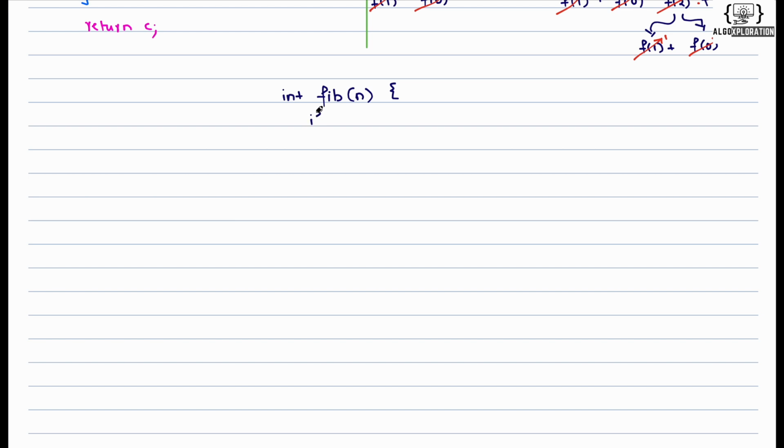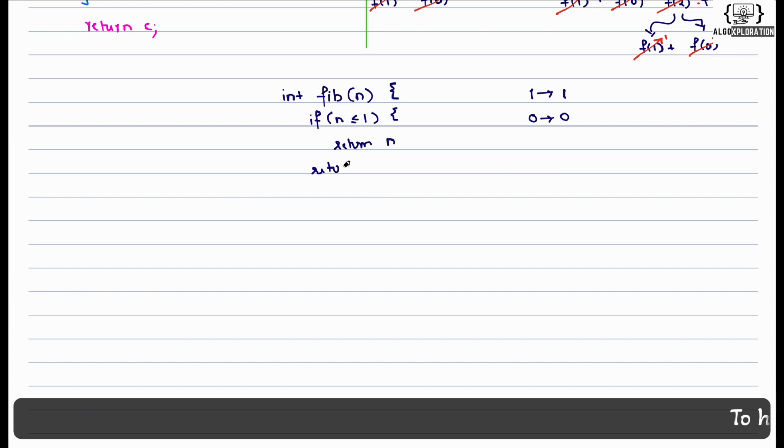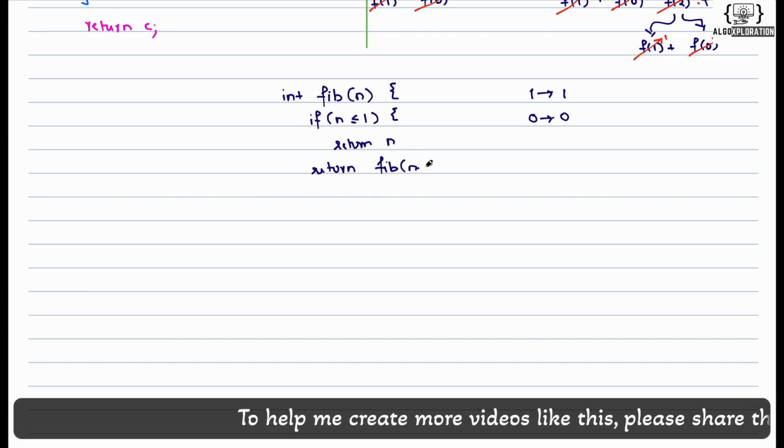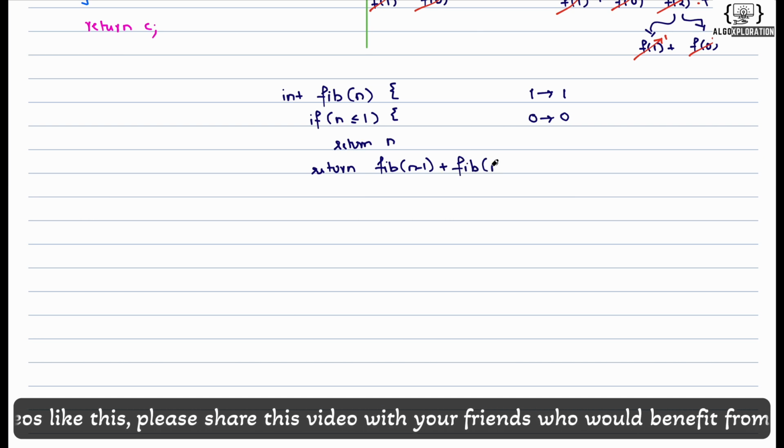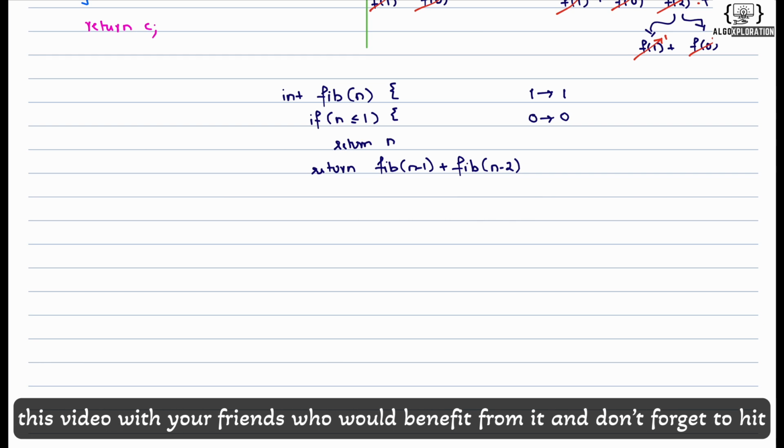It will be: if n is less than or equal to 1, that means if the value of n is 1 or 0, we have to return n. If it is 1, we need to return 1. If it is 0, we need to return 0. Else return fib of n minus 1 plus fib of n minus 2. That's it.